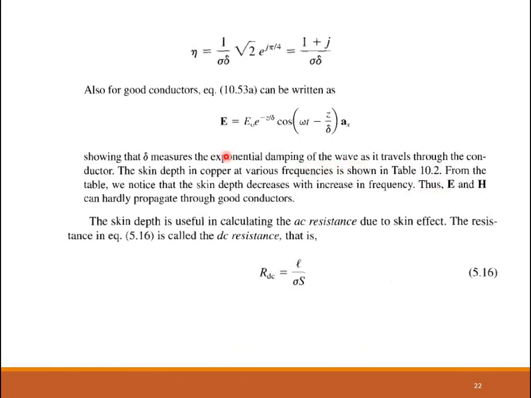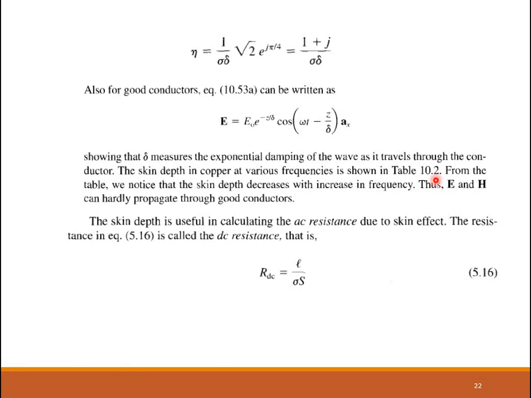I have a table for copper at various frequencies in the text. Please refer to it. What you can infer from that is, with the increase in the frequency, your skin depth is going to decrease. So what does that imply? It is very difficult for E and H to propagate through good conductors. And that is true, isn't it?